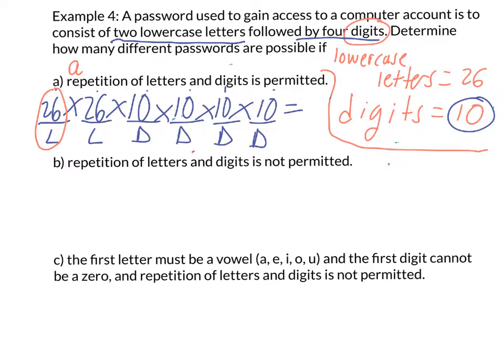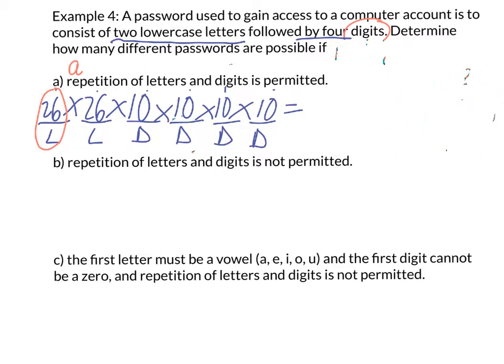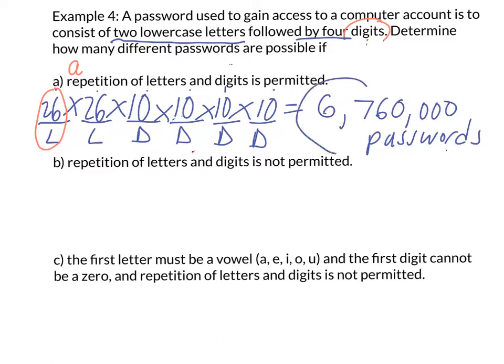6,760,000. So since, with my big old handwriting, I don't have enough room here, I'm going to erase and rewrite and move some stuff around so I have enough room to write this answer. So I said the answer for A is 6,760,000 different passwords you could create if you're allowed to repeat a letter and a digit.